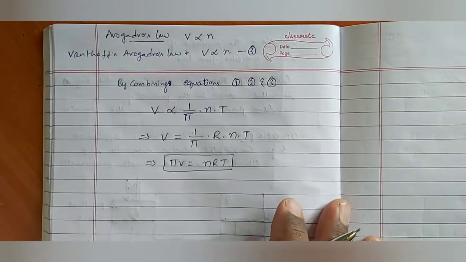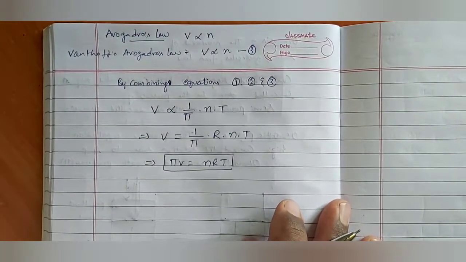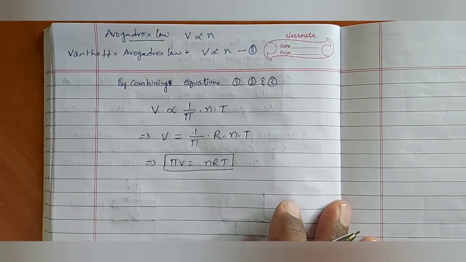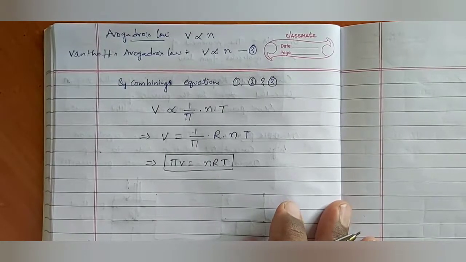In the 11th class gas state chapter, I hope you remember, the ideal gas equation is PV is equal to nRT.